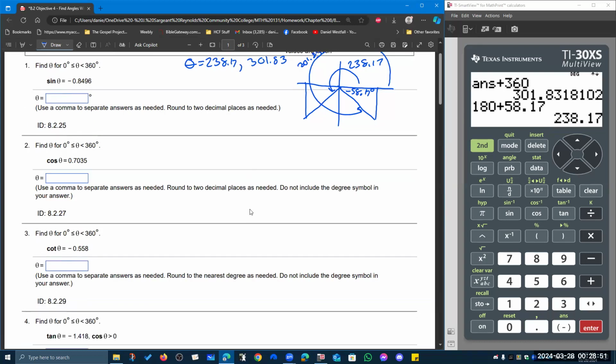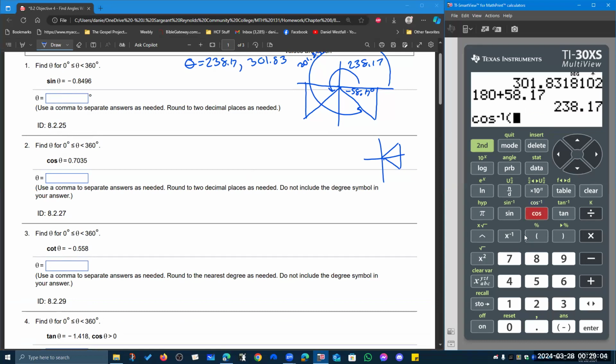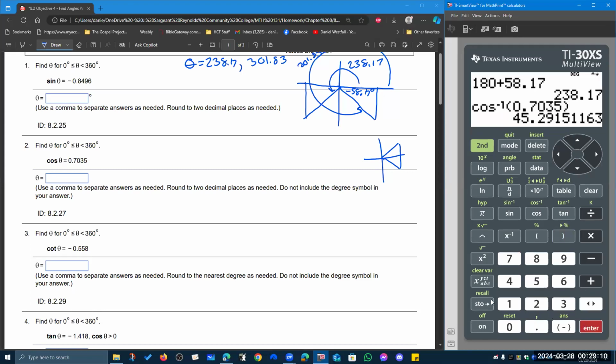We're again going to be on the first revolution here. We want cosine to be positive, so we're in quadrants 1 or 4. Our arc cosine of 0.7035 is 45.29.